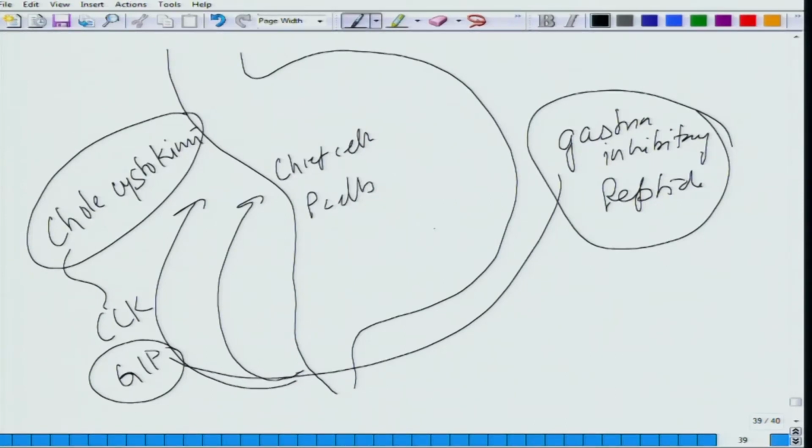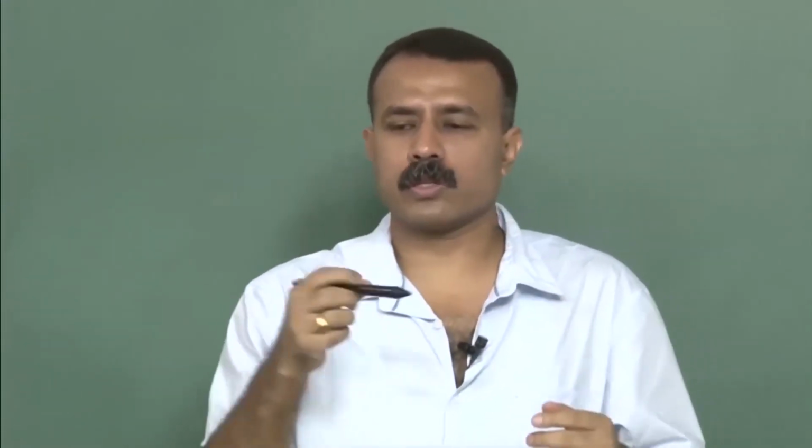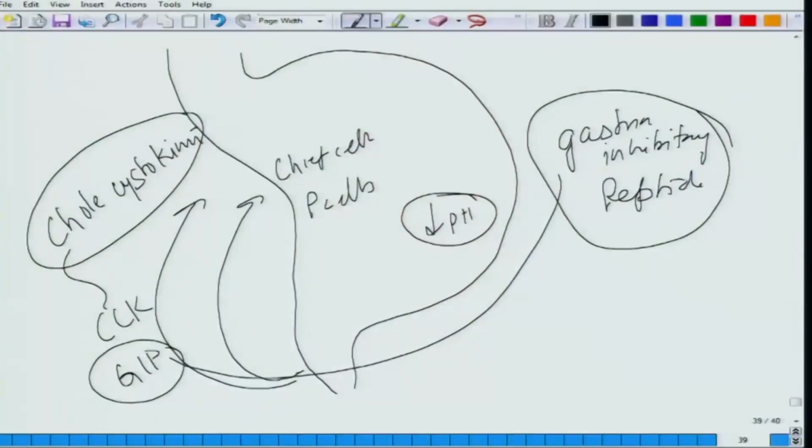The pH starts to go up here, and there is something called the myenteric plexus, which stops the movement. Just before this, I was telling you there is a lot of churning taking place like this.